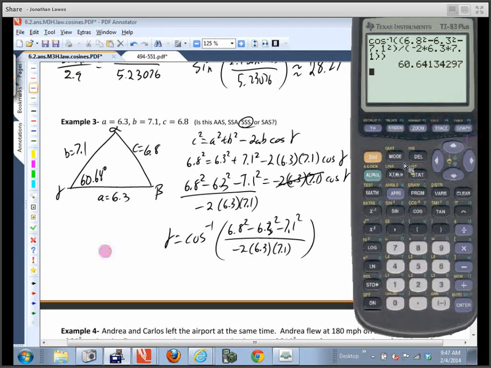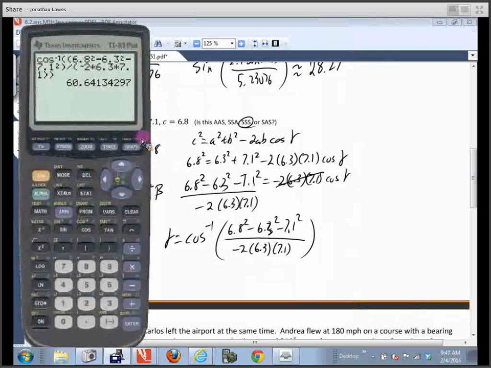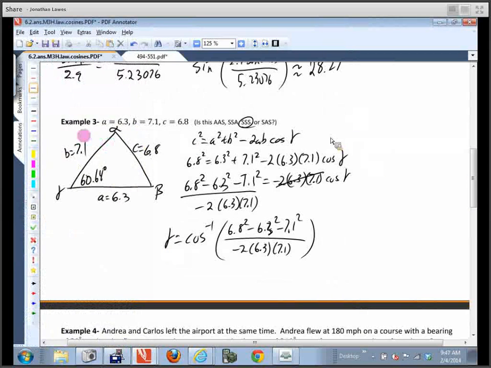Okay, let me show you something else, and then let me show you something that you'd need to think about for a little while. Okay, let me pull this up. Say I wanted to find alpha next. Alpha is going to be the smallest angle. What I do is, it would be a squared equals b squared plus c squared minus 2bc cosine alpha, right?